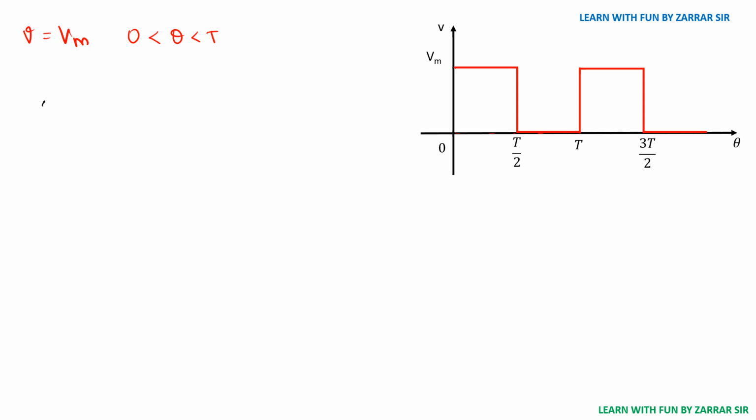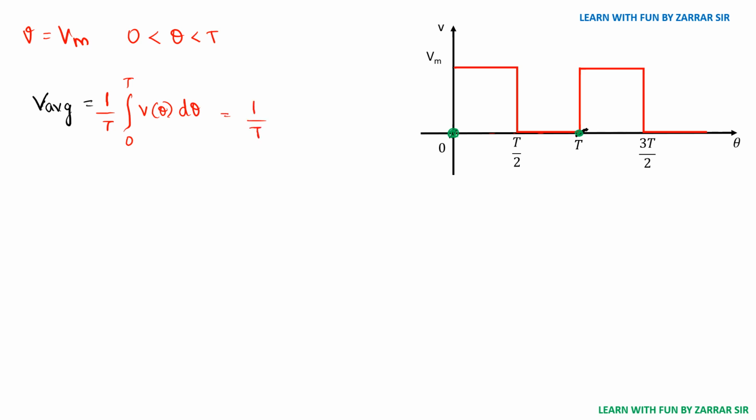V average is equal to, now my total time period over here is from here to here, because after this it is repeated, right guys? So I'll take from 0 to T. So I'll write 1 upon T, integration 0 to T of V theta d theta.